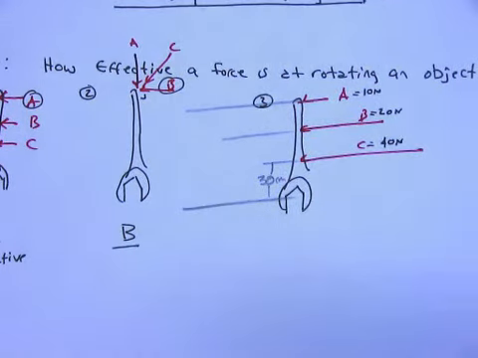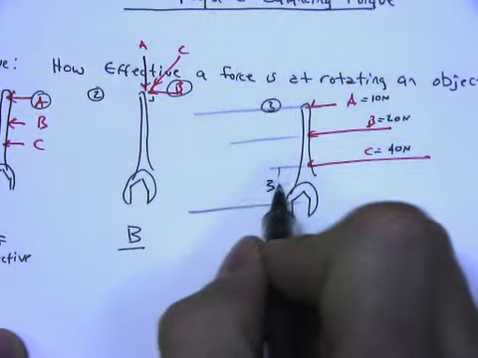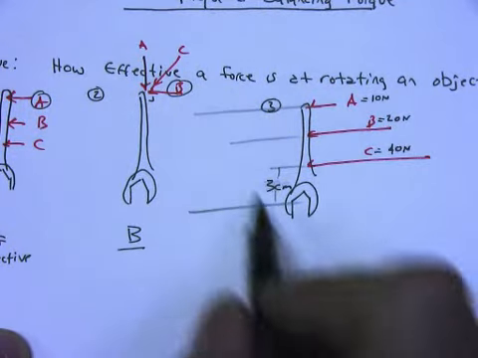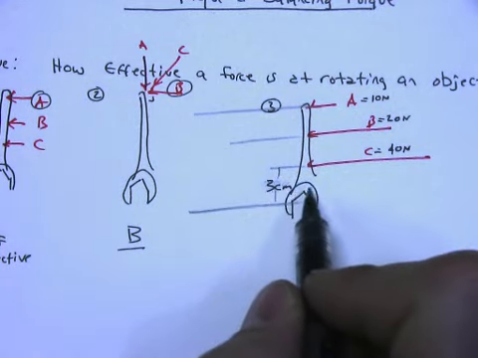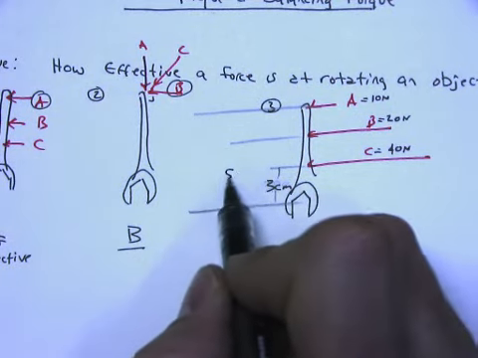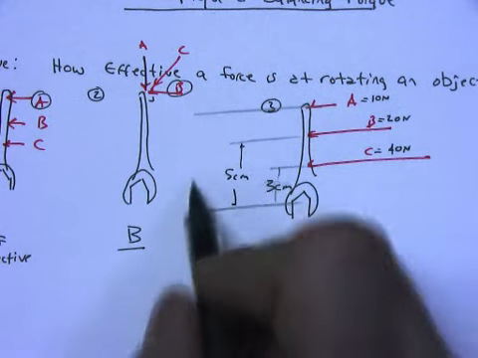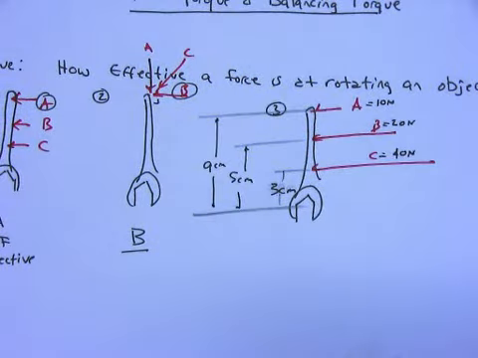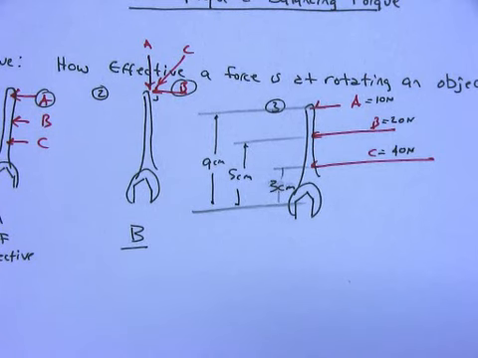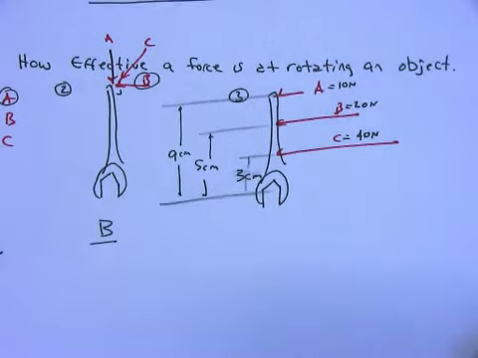Nah, let's go 3 centimeters, to make the math easy. Let's say B is 5 centimeters, and let's say A is 9 centimeters. Which one of these 3 is the most effective at rotating this wrench?